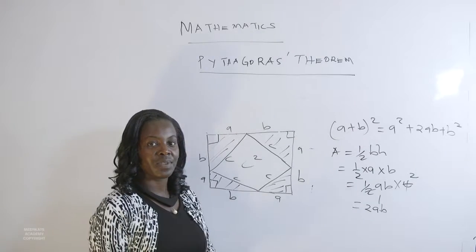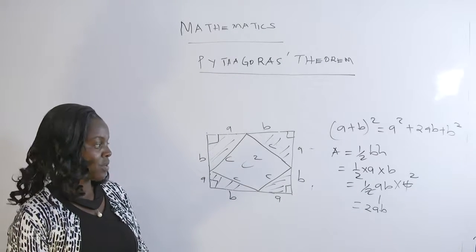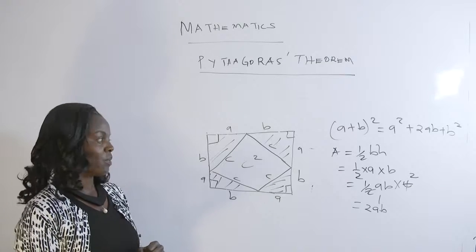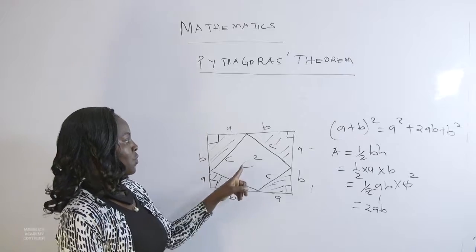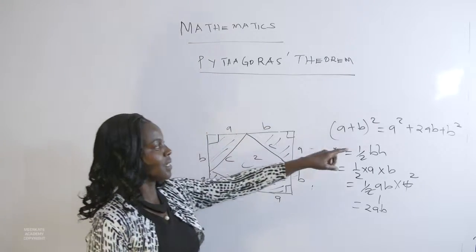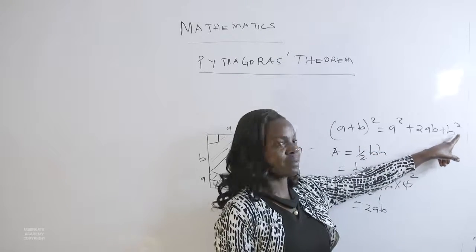The area of the 4 triangles is 2 times A times B. So we realize that the area of the larger square is A squared plus 2AB plus B squared.